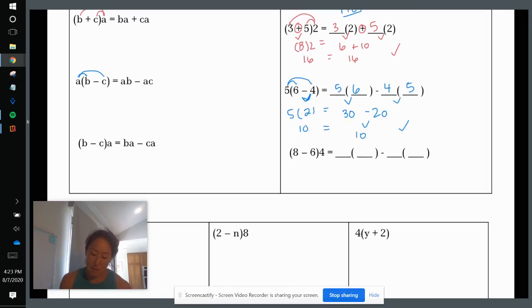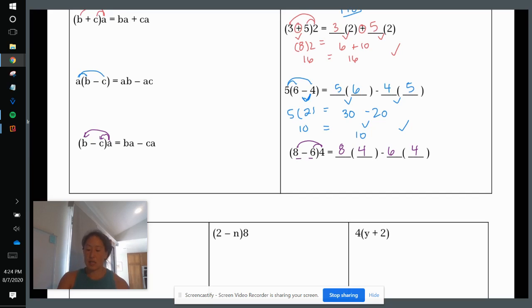Next up, what if the outside number is in the back? That's okay. Remember, we can backwards rainbow, backwards distribute. I have an example here: 8 minus 6 times 4. Distribute. So 8 times 4 on the front, and then negative 6 times 4.